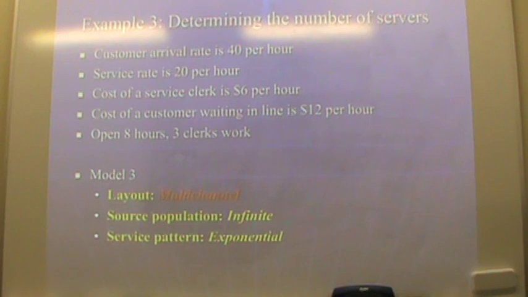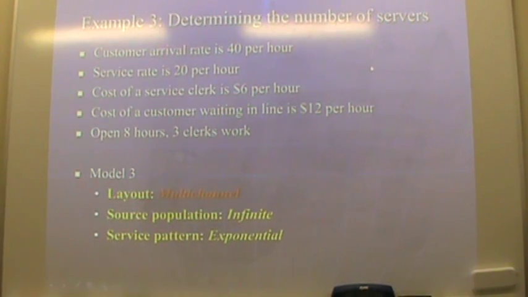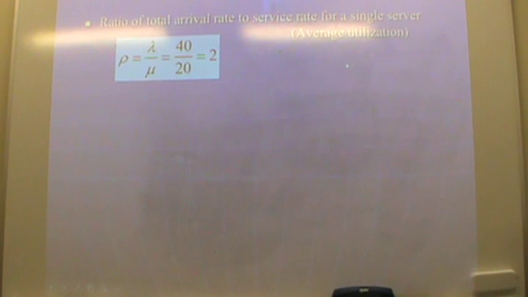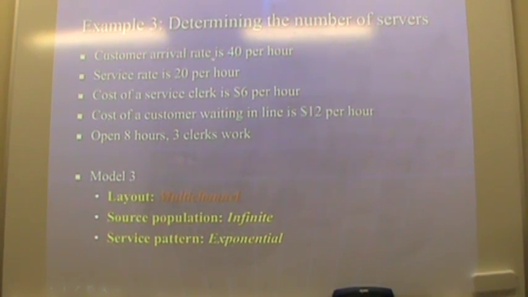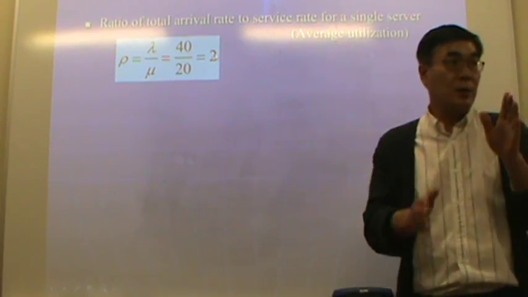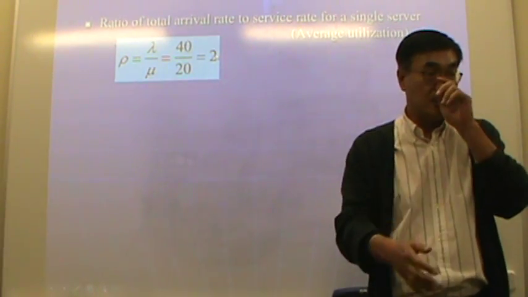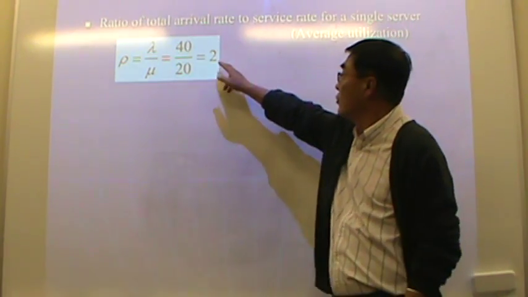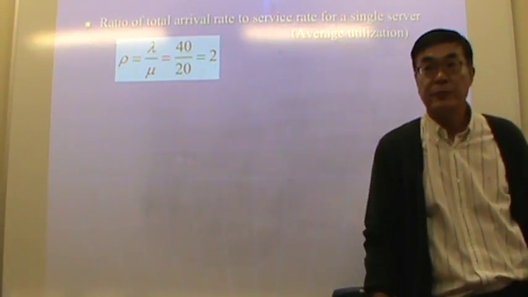Then we can use this model 3. First we need the ratio, average utilization. Rho equals lambda over mu, utilization rate, equals 40 divided by 20. 40 is the arrival rate, 20 the service rate. So if there is only one waiting line system, then 200% work now.